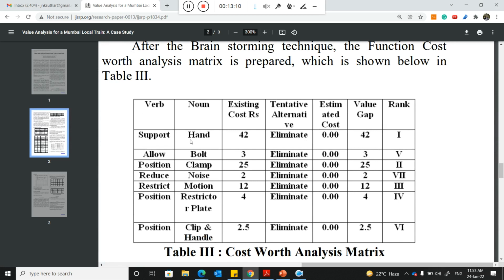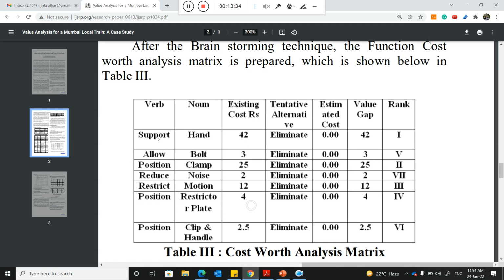Okay. So here you can see that each component is converted into a function. Suppose the first one is support hand, next one allow bolt, position clamp, reduce noise, restrict motion, position, so restrictor plate, position clip and handle.